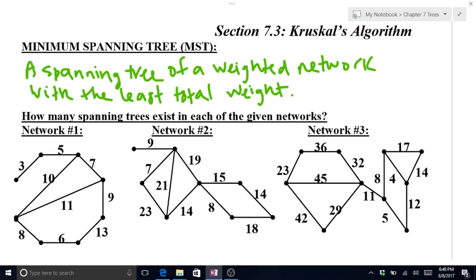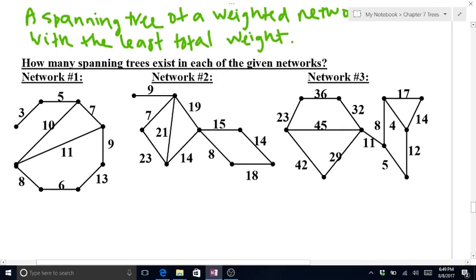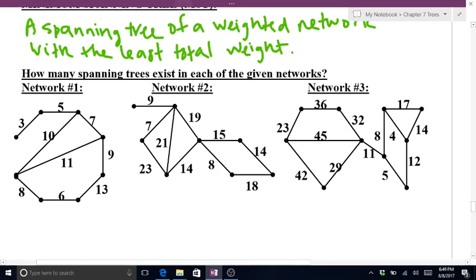So before we get into this, let's go ahead and review what we did yesterday. How many spanning trees exist in each of the given networks? Remember, in order to find that, we had to find the circuits within the networks.